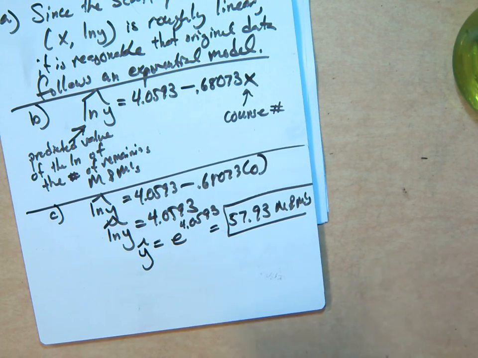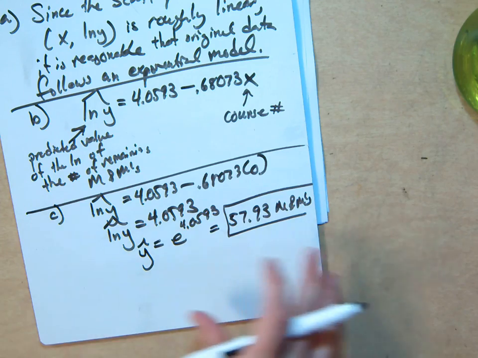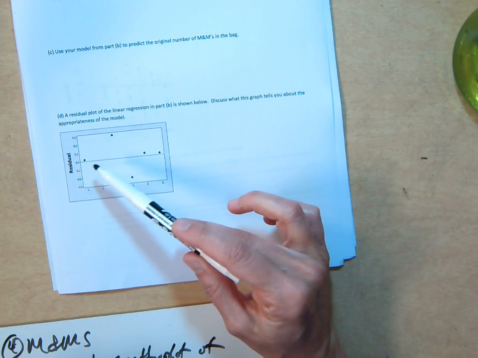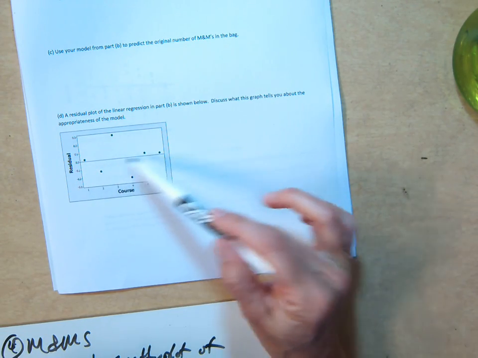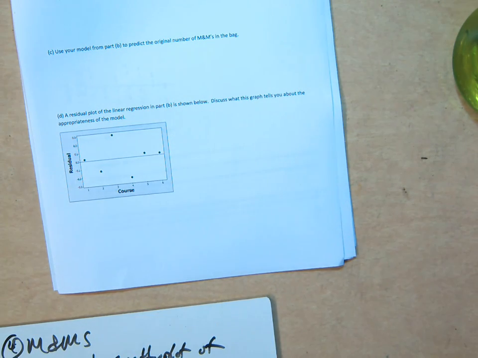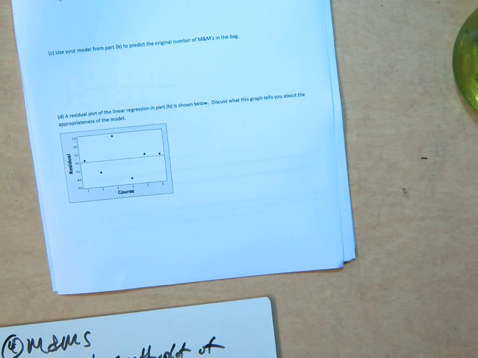And the last thing I think we're asked is to look at the residual plot. In our residual plot, we want just a random scatter about the residual equals 0 line. And we do. There's no obvious curvature there, so the model seems appropriate for the data.